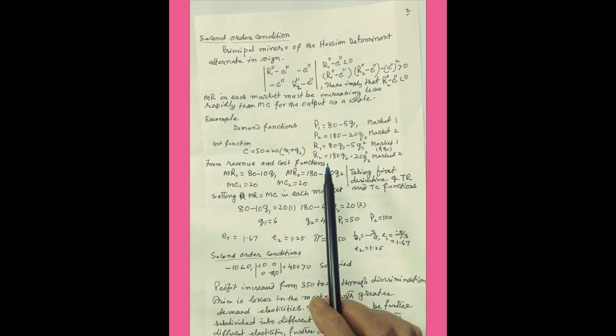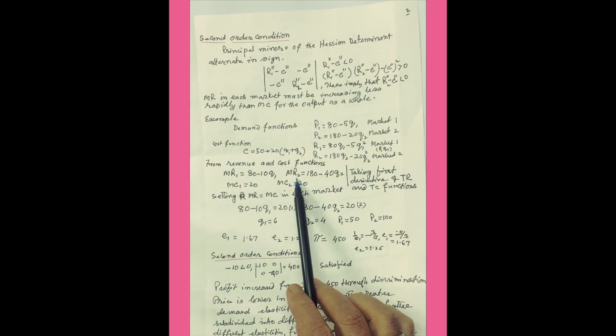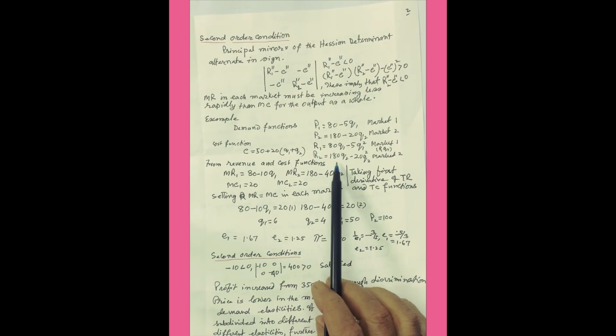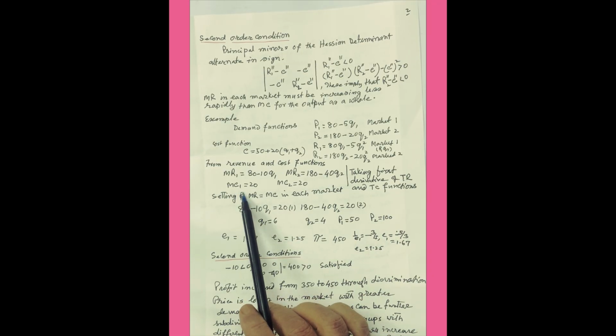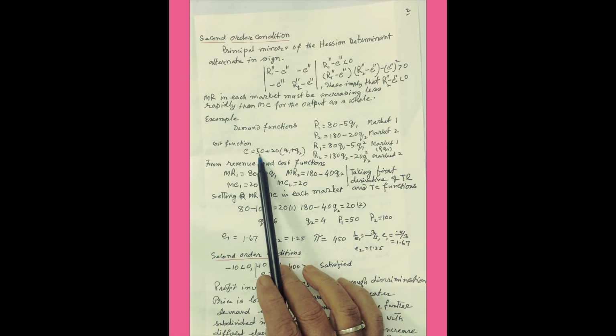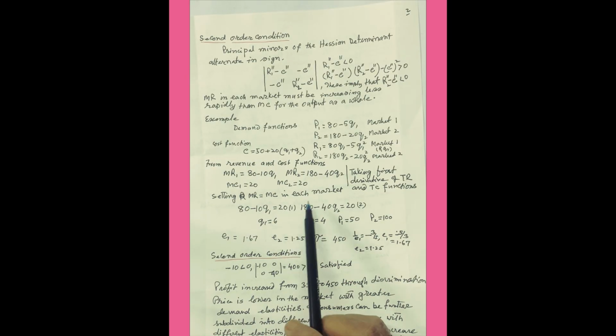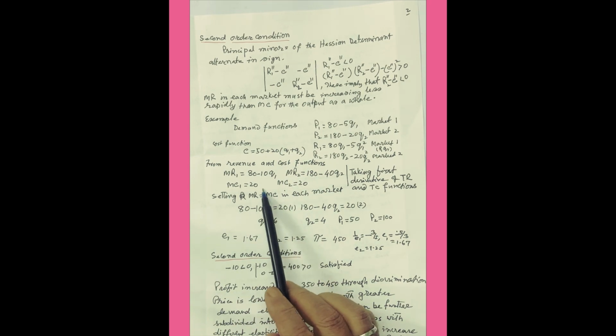From the revenue and cost functions, marginal revenue is the first derivative of total revenue. Marginal revenue in market 1 is 80 minus 10Q1, and in the second market it is 180 minus 40Q2. Taking the first derivative of the total cost function, MC1 is 20 and MC2 is also 20, since the constant 50 becomes 0.